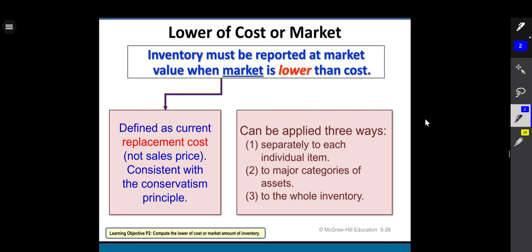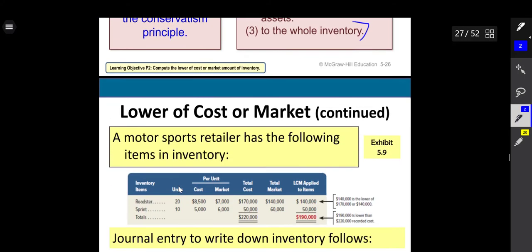We can do it with each individual item, we can do it to categories of assets, or we can do it to the whole inventory. When we talk about categories of assets, I'm talking about like equipment, buildings, and so on. Well, those are assets. But if we're talking about inventory, it may be different kinds of products as well.